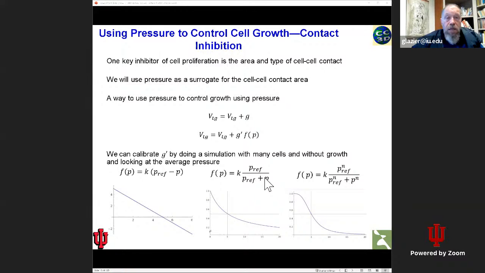If P goes to infinity, I have Pref over P going to 0. So this function, for a positive value of P, is bounded at 1 when P is 0, and decreases to 0 as P goes to infinity. It's a monotonically decreasing function and has maximum slope at 0. That happens to be called a Michaelis function because the chemists use it in a different context. It also describes the rate of certain kinds of chemical reactions.